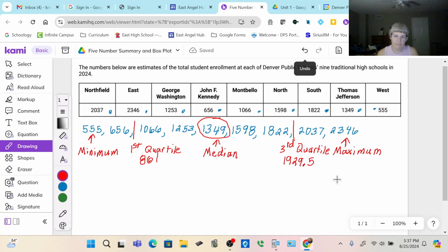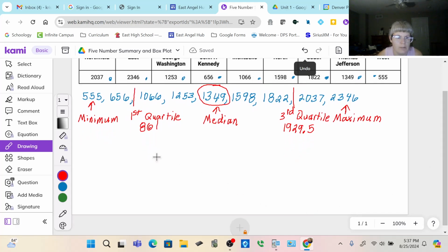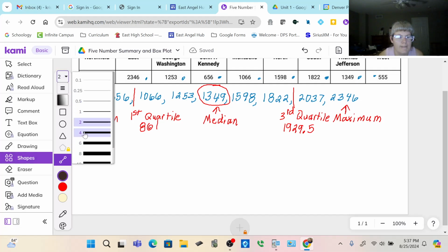Now, when you have a 5-number summary, there is one more thing you can create, and that's what we call a box plot. So I need a number line, and I'm going to use my tools here. I'm going to change to a black line. Now I'm going to make it a little bit thicker.